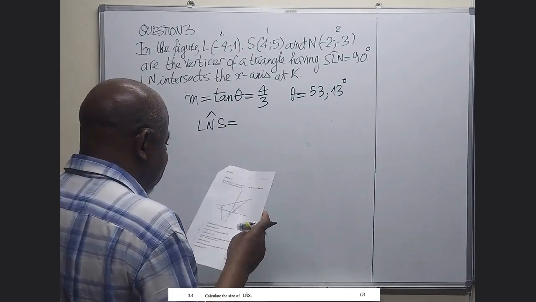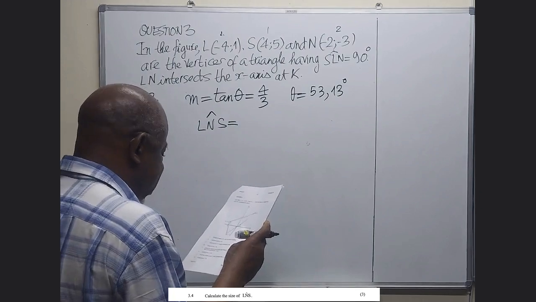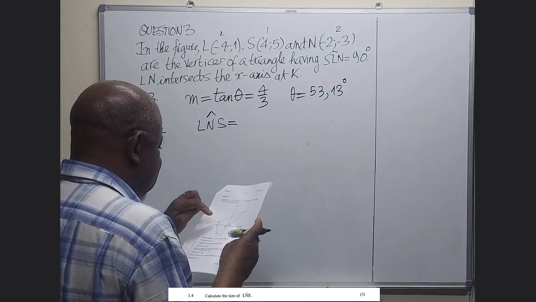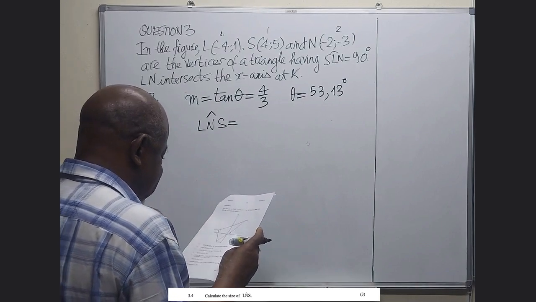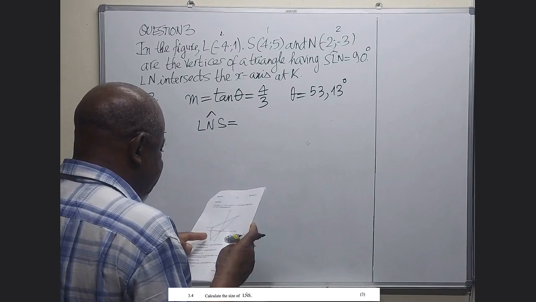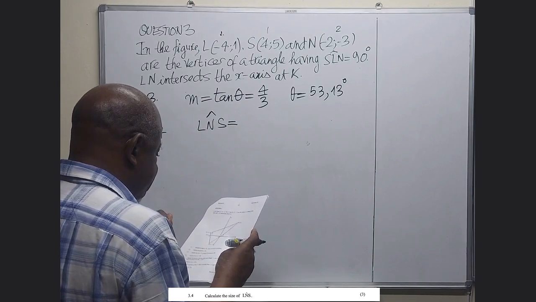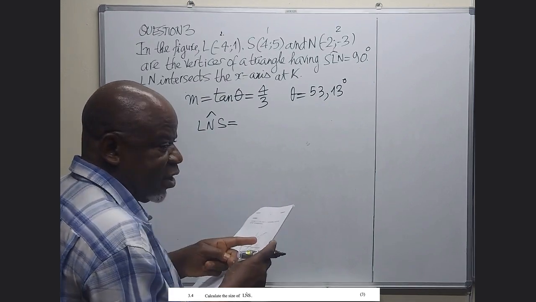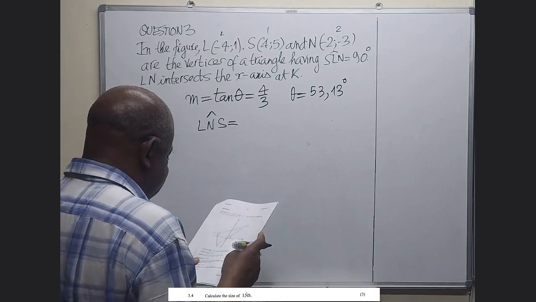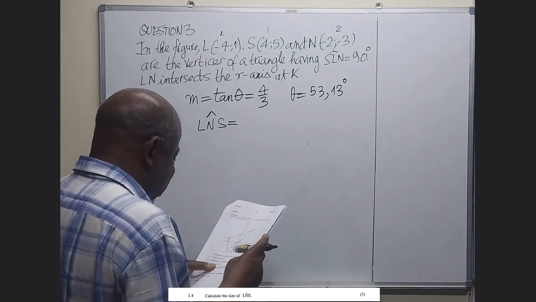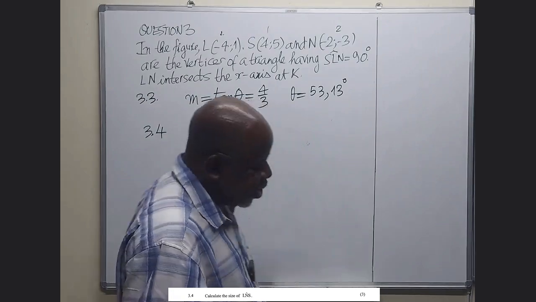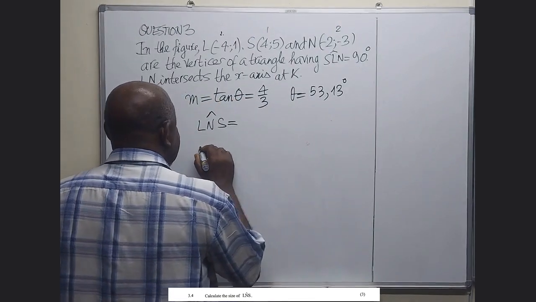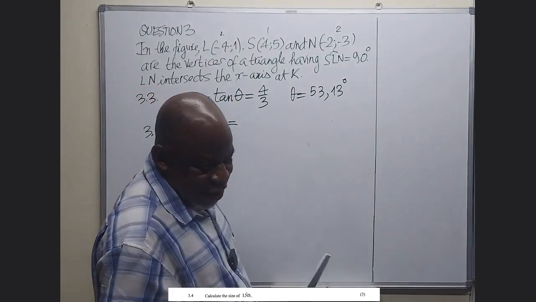So if we watch our figure, angle LNS: L is in the second quadrant, and N is in the third. S is in the first quadrant. So to get the size of angle LNS, we need first to start with the gradient of LN.